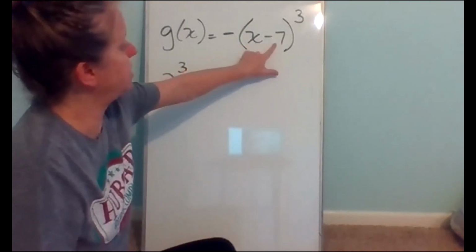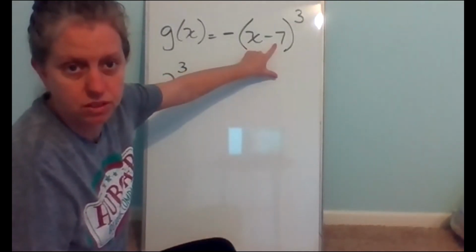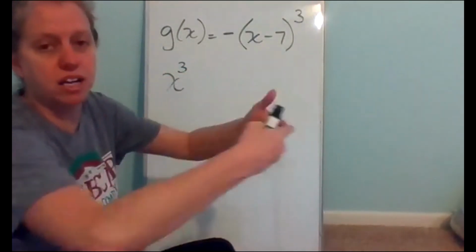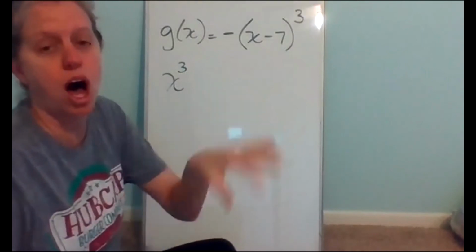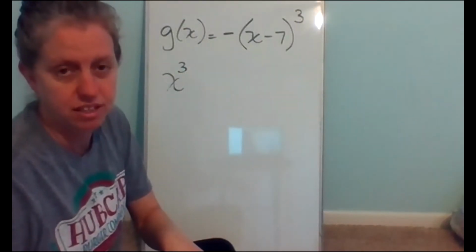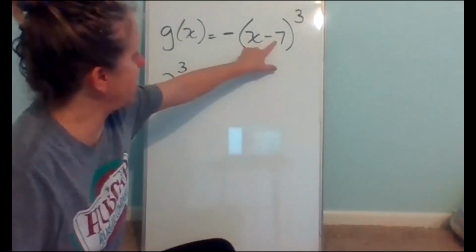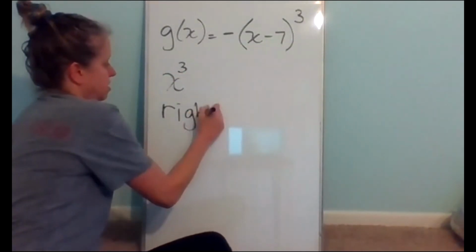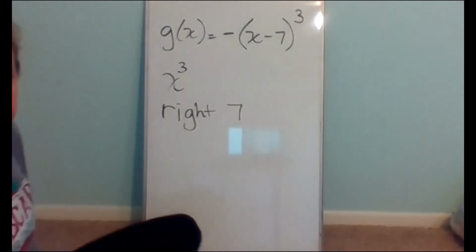What's this going to do? It's an inside number, right? Inside numbers shift you horizontally, or left and right, but you go opposite the sign. So if I'm going minus 7, I'm actually going to the right 7.